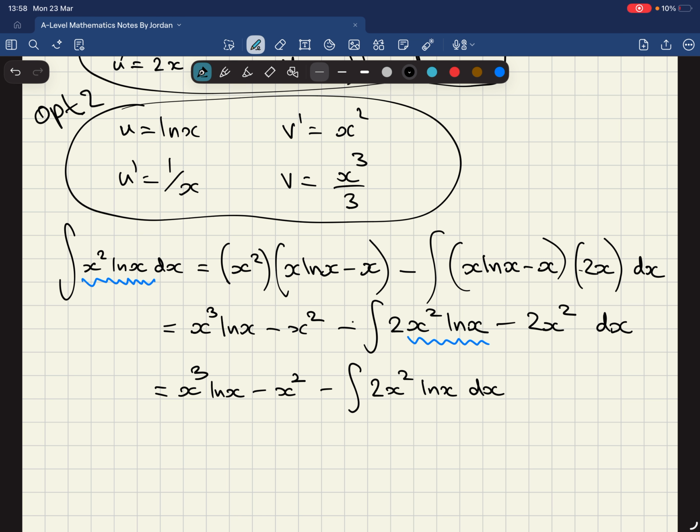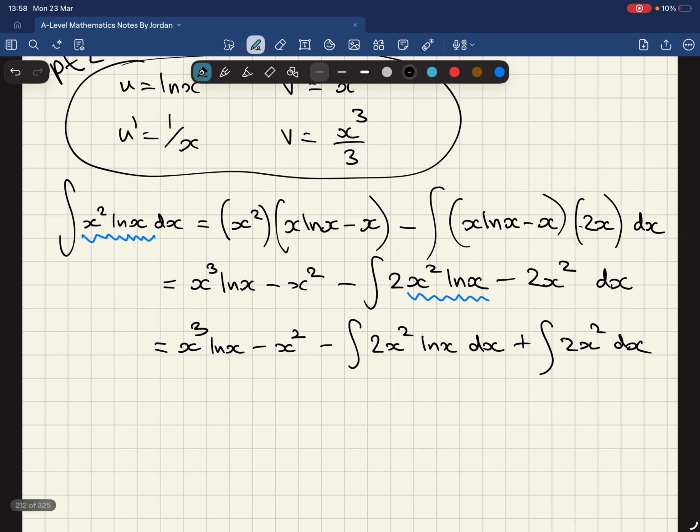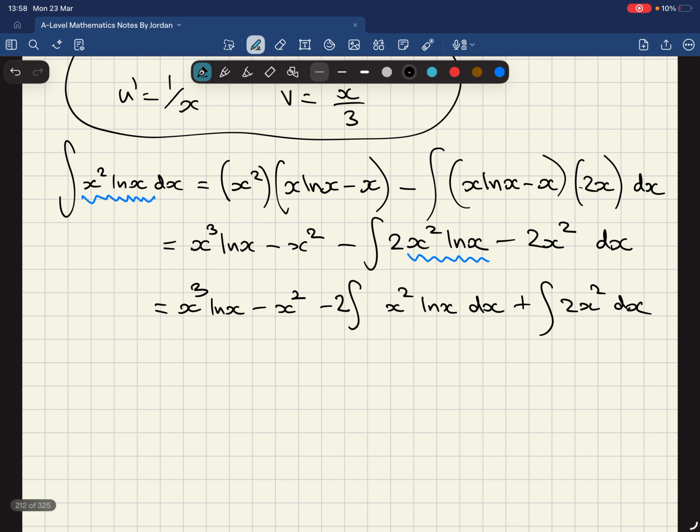And then with there being 2 minus signs here, I can write this one as plus the integral of 2x squared dx. And then if I just pull out that 2 there, you should notice that this is the same as that there. So what I will do is just drop that integral down like that.